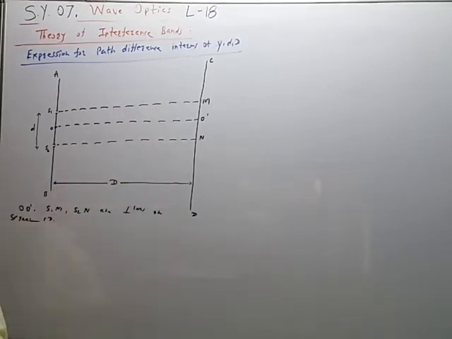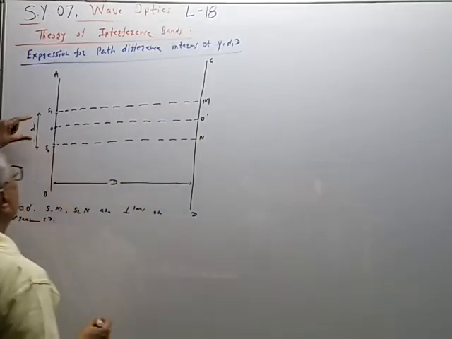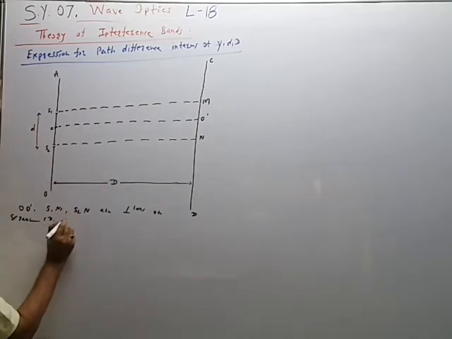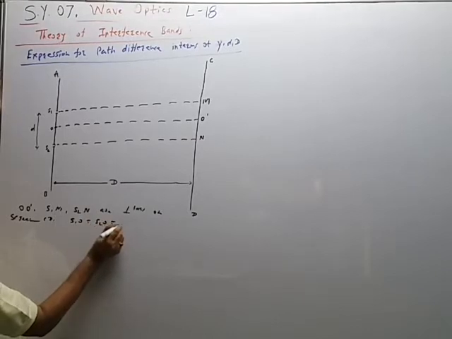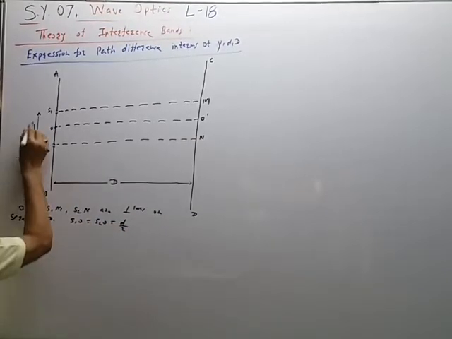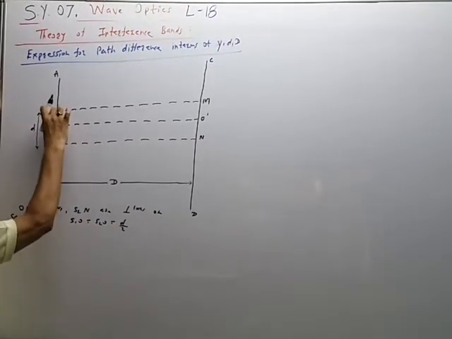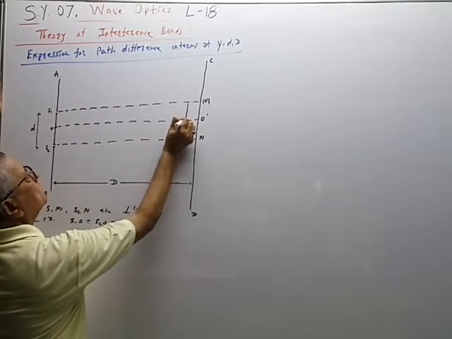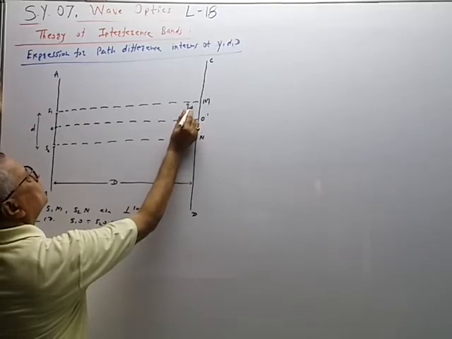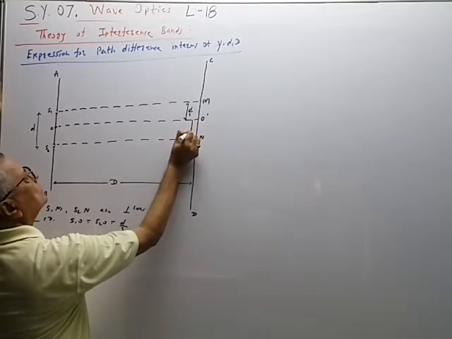Where we observe the interference pattern. So S1O is equal to S2O, which is equal to d by 2. This is d by 2, so this is also d by 2. This is also d by 2.